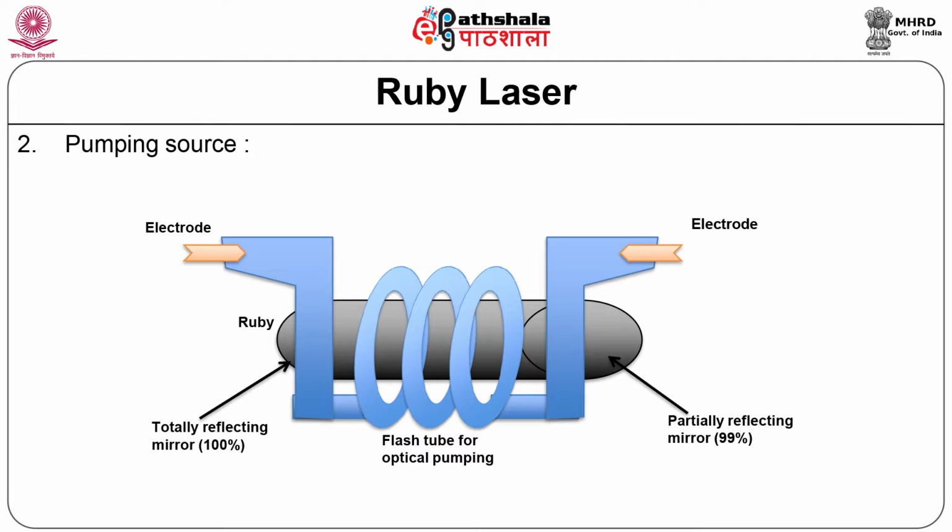After absorption, the chromium ion jumps to excited band E1 or E2 depending upon the wavelength of absorption. This allows for very high energy pumping.